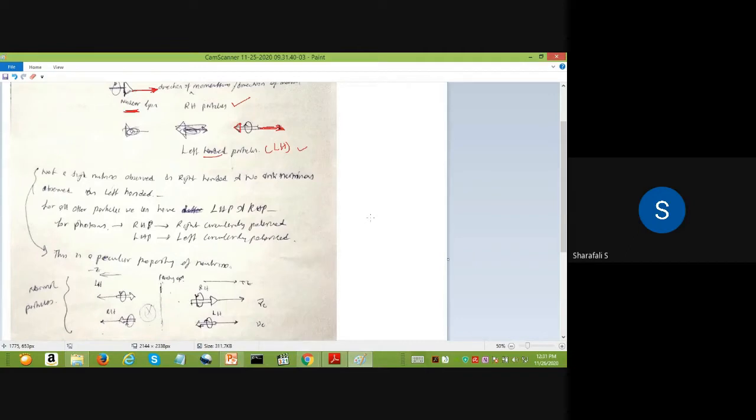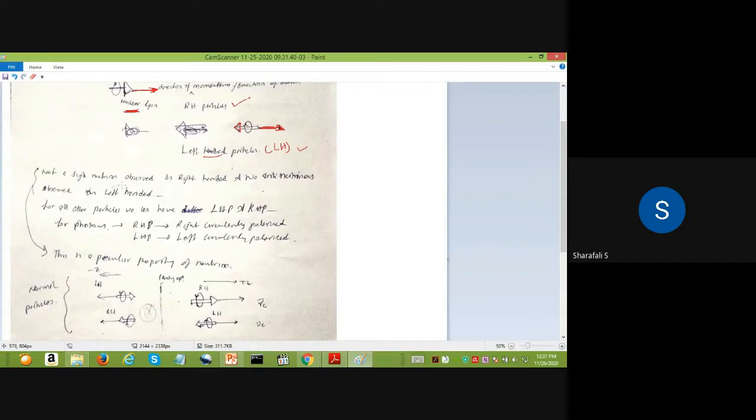Neutrinos are also a class of particles. There are electron neutrino, muon neutrino, and tau neutrino, which we will discuss on the particle physics side. These neutrinos also have this kind of handedness.